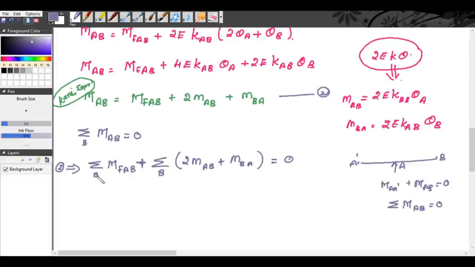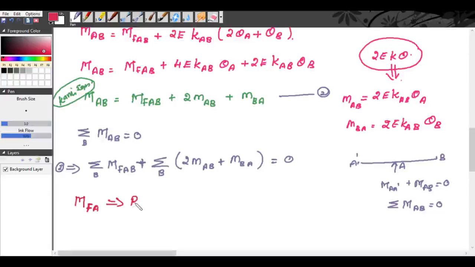Now we are taking another term. Already we have taken the term MFAB, which means the fixed end moment at A in the span AB. Now we will consider the term MFA.